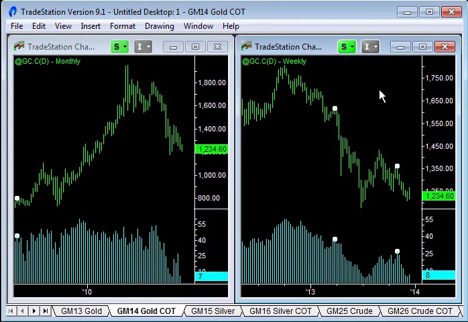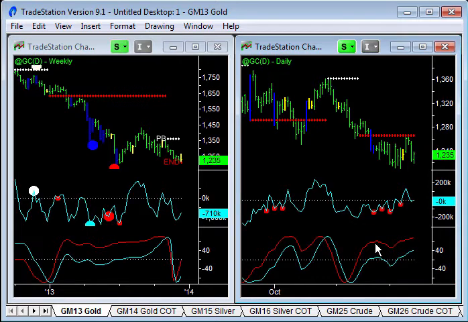On the commitment of traders charts, I have a weekly and a monthly chart, because the data only comes out weekly, and I've got the data for the professionals flipped upside down. Then I just use a divergence indicator on top of these to show places where the divergence is happening between price and commitment of traders. So that's the setup that I'm using on these global macro charts.